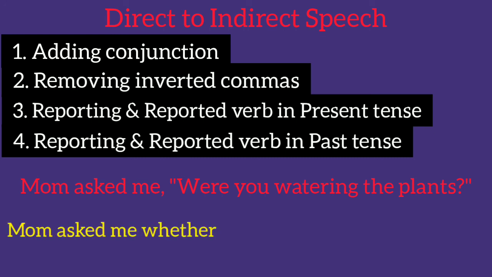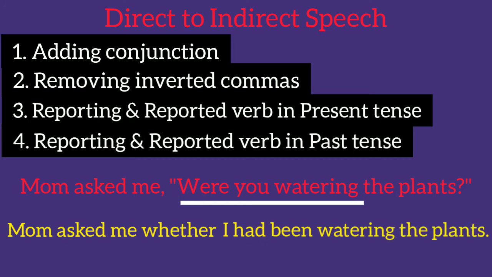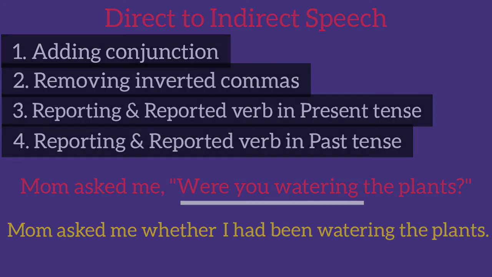Next, if you observe here, the reported part verb is in past continuous form. So, you have to change it into past perfect continuous tense by the rule 4. So, the indirect speech will be, Mom asked me whether I had been watering the plants.